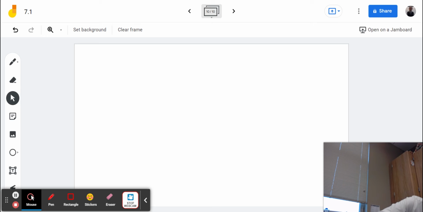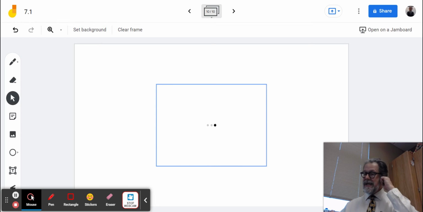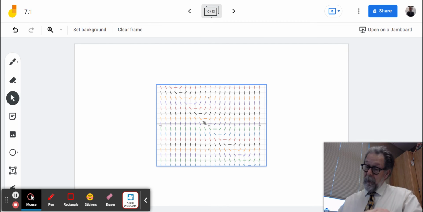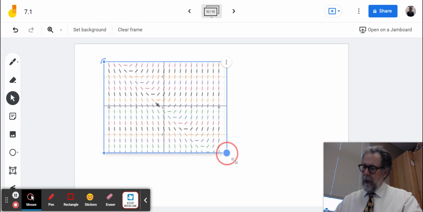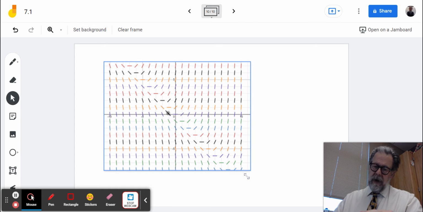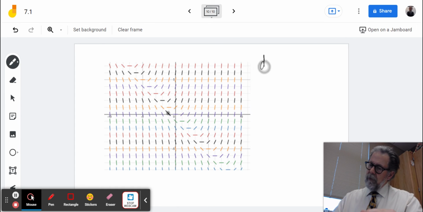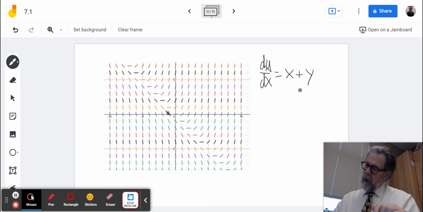Sorry, gotta use keyboard shortcuts on this one. And here's what this looks like if we fill it all out and use a slope field program. Remember, the derivative of y with respect to x, the slope of my function, is equal to x plus y.